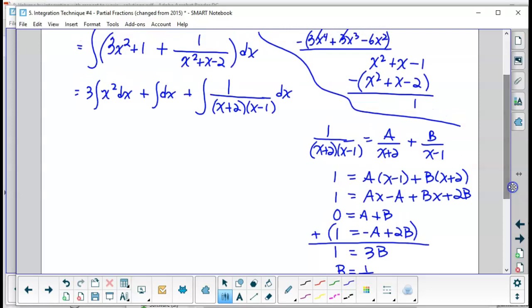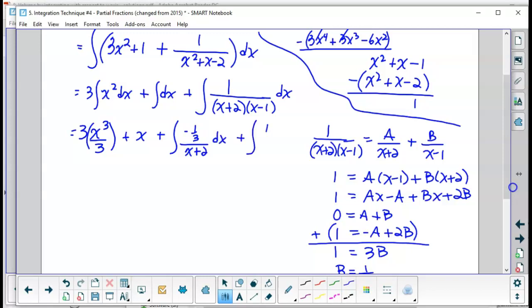Go back up here. Okay, so now it's going to be 3x cubed over 3 plus x plus the integral. So a was negative 1/3 over x plus 2 plus positive 1/3 over x minus 1. So I know that's messy, so then I bring out the negative 1/3.